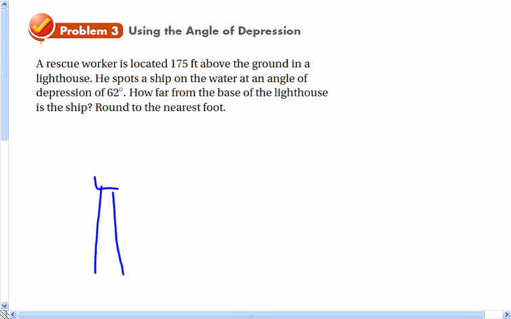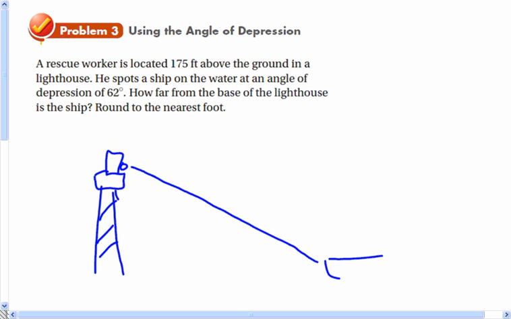Let's say this is the lighthouse, and there's a person up in there looking down and spots a ship in the water. The angle of depression is 62, the angle below a horizontal line, so that would be right there.